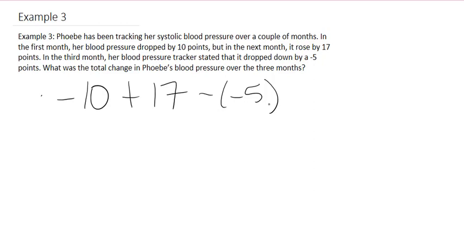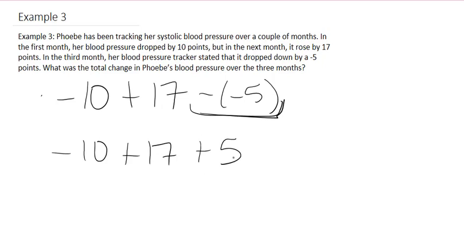We have to address the double signs first before we start adding and subtracting. We have negative 10 plus 17, and as we have two negative signs, it becomes positive. So we have negative 10 plus 17, which gives us plus 7.